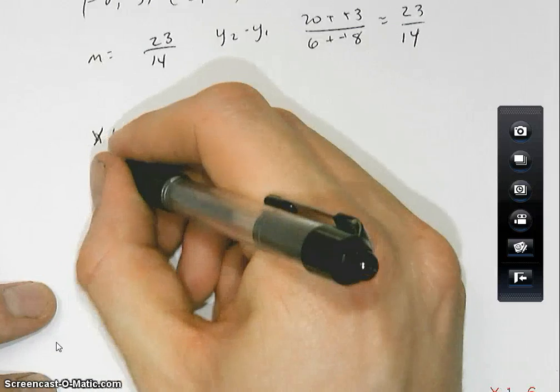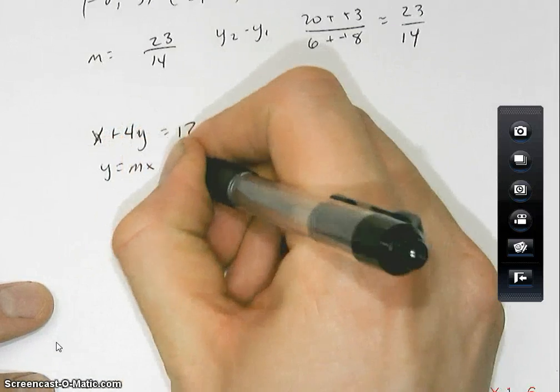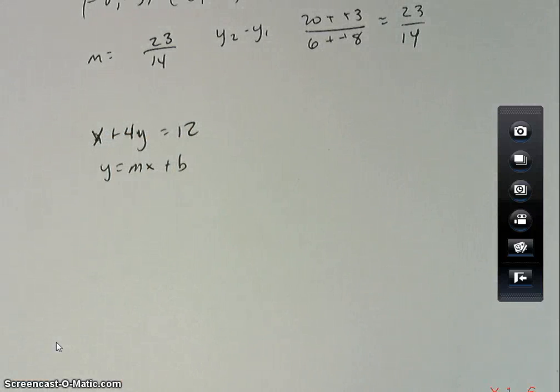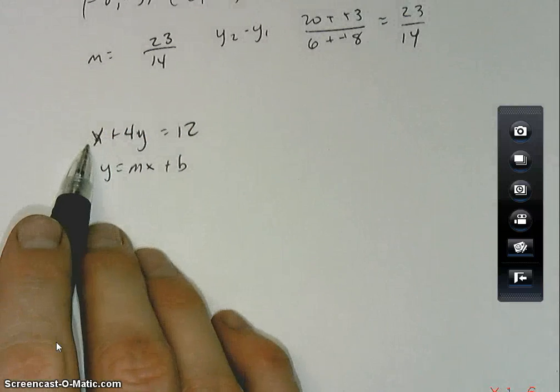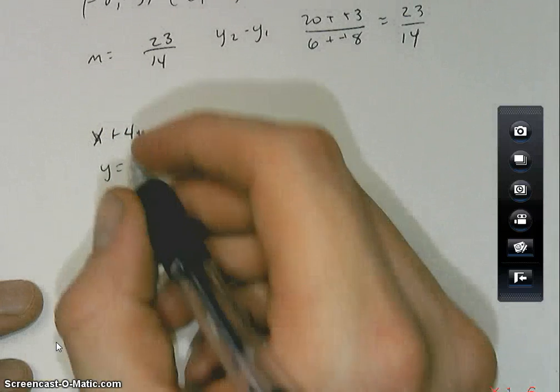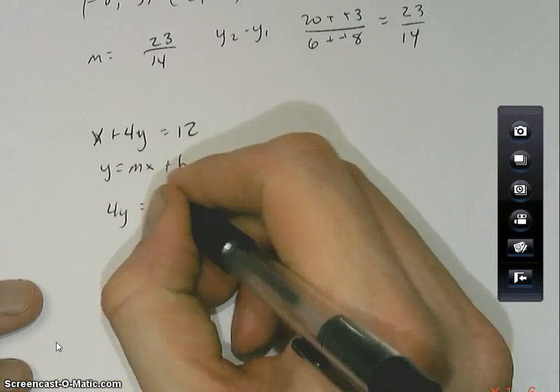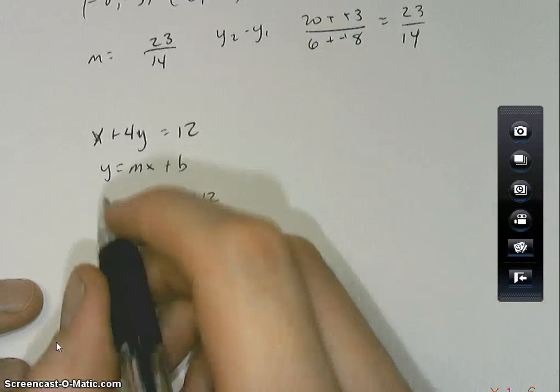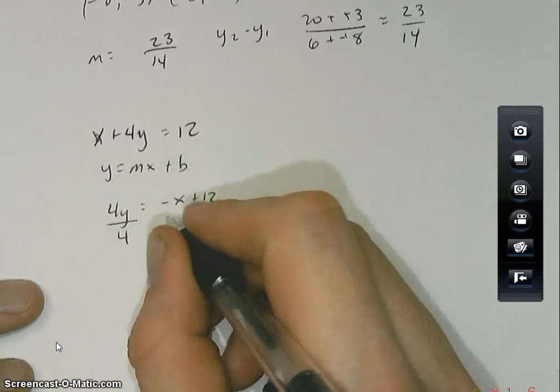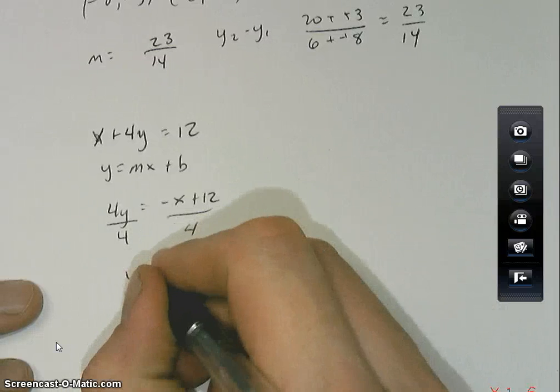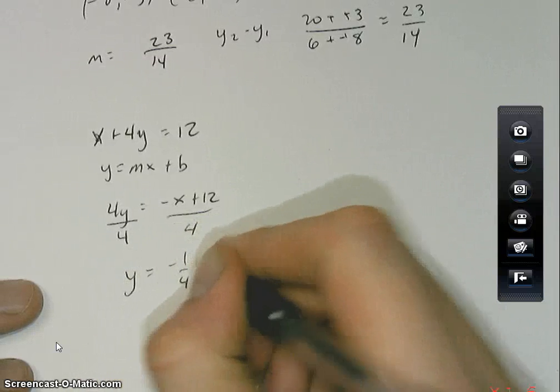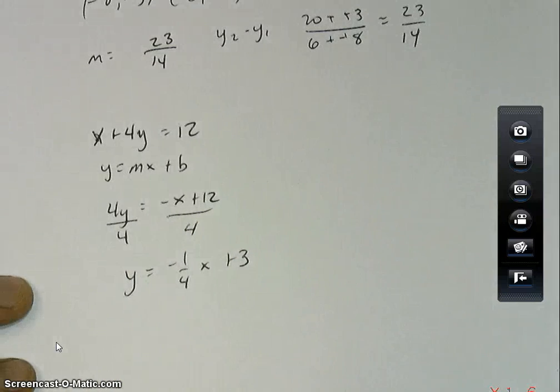So we want it to look like y equals mx plus b. The way we do that is we get y by itself. So the first thing I need to do is subtract x from both sides. So I would have 4y equals -x plus 12. Then I divide everything by 4. And I get y equals -1/4 x plus 3.